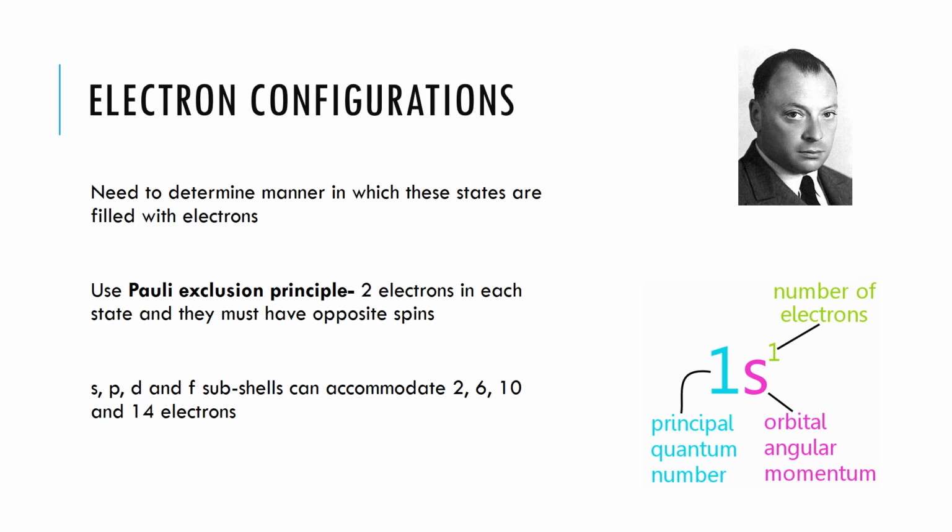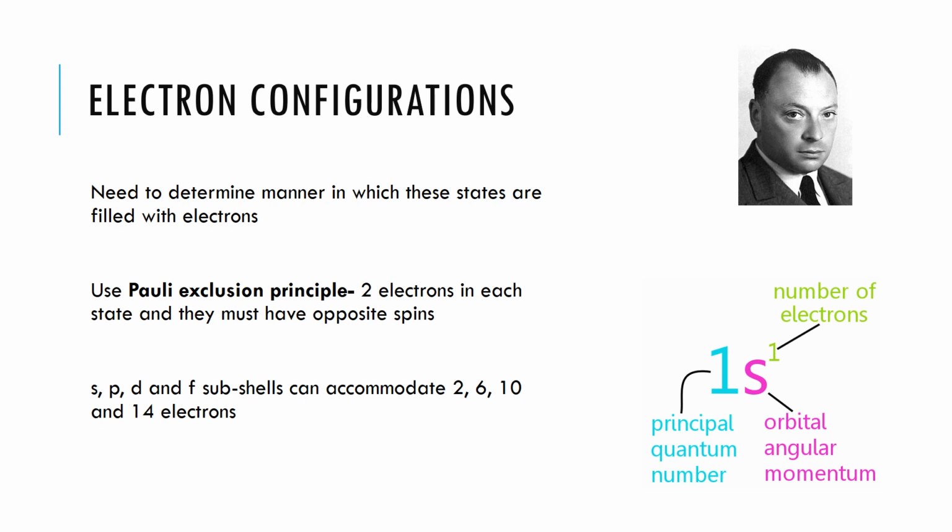So what we're saying there is that you can have two electrons in each atomic orbital, but they must have opposite spins, i.e. plus a half or minus a half. So an S, P, D and F subshell can accommodate 2, 6, 10 and 14 electrons respectively. And you'll see there I write an electron configuration in the bottom right of the screen, 1s1.